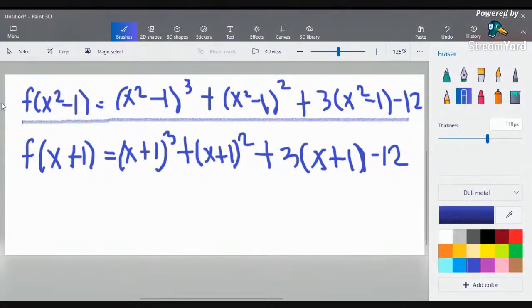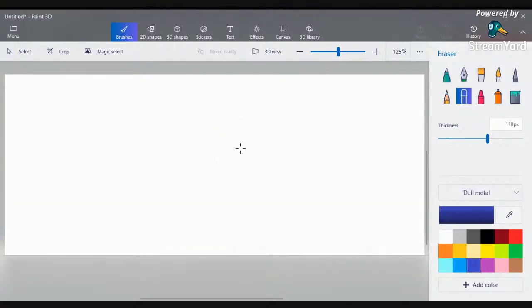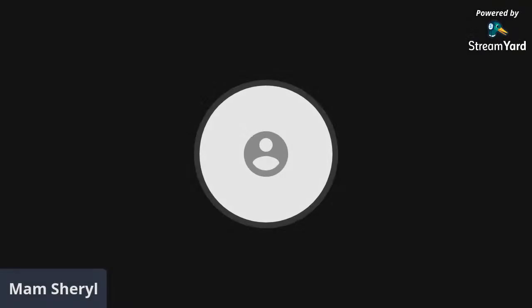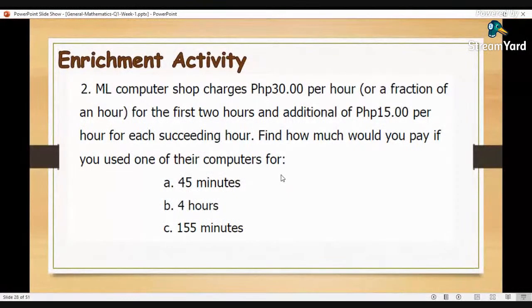Okay, and also, number 2, ML Computer Shop charges 30 per hour or a fraction of an hour for the first 2 hours and an additional 15 pesos per hour for each succeeding hour.